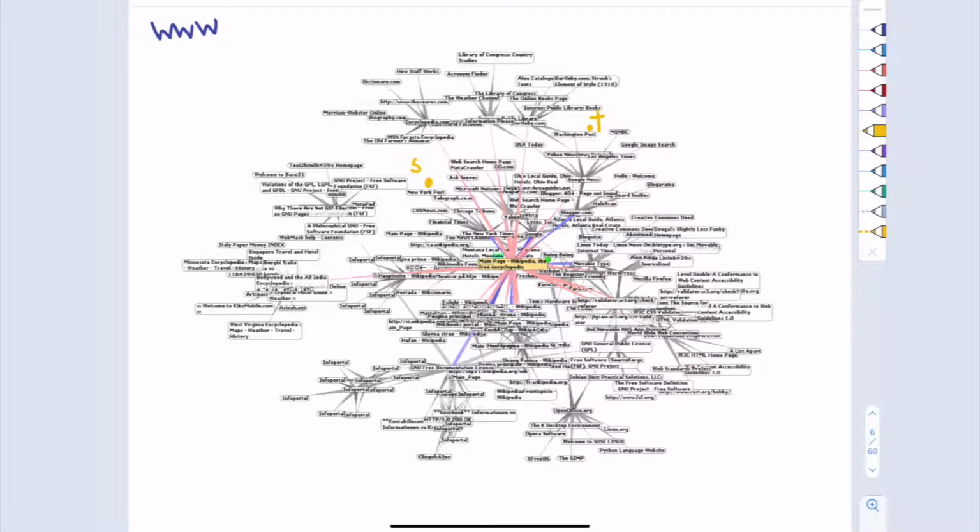Another example for analyzing graphs is the World Wide Web. This is something I pulled from a Wikipedia article. Each of these labels represents a website, and these lines represent links between websites. Analyzing the link structure of the World Wide Web can tell you a lot about which websites are more related to others.